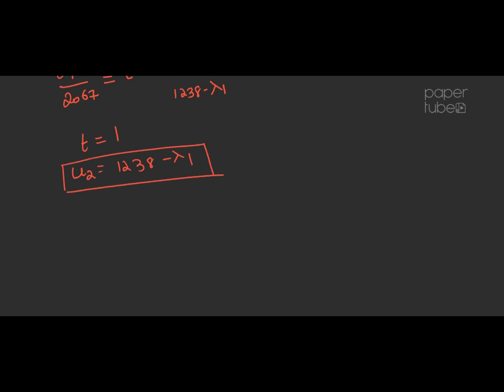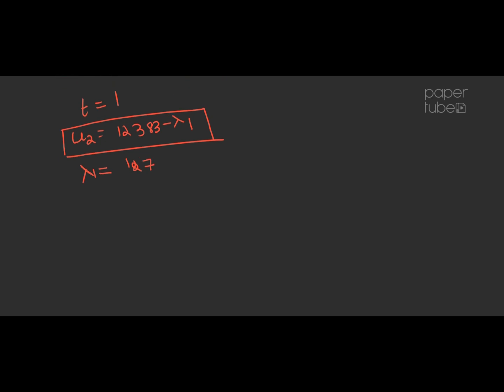We already know what lambda 1 is. Lambda 1 is something around 12728. So u2 will be equal to 12383 minus lambda 1, that's equal to 12383 minus 12728.